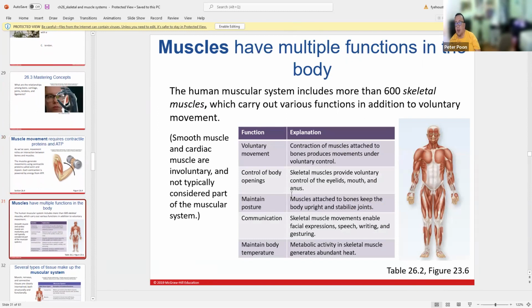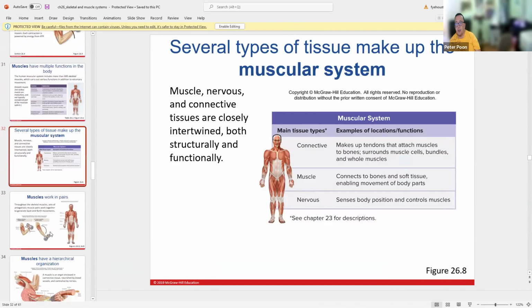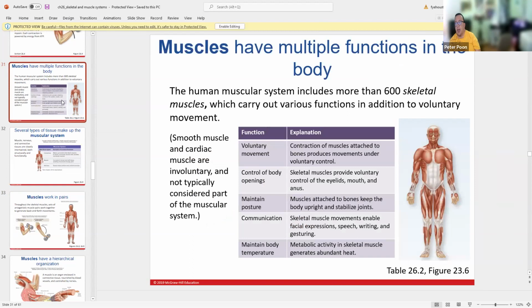Muscles allow for voluntary movement, control body openings, maintain posture, etc.